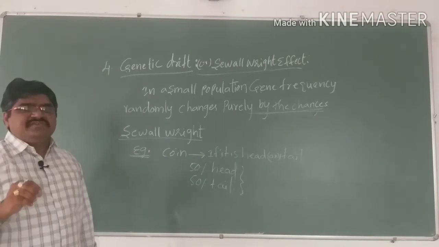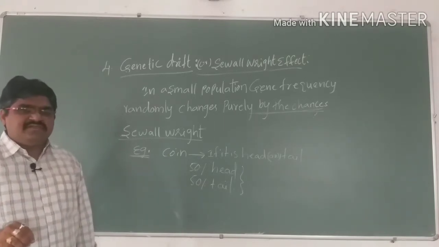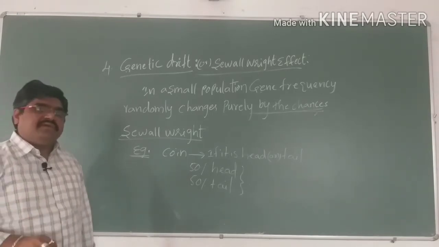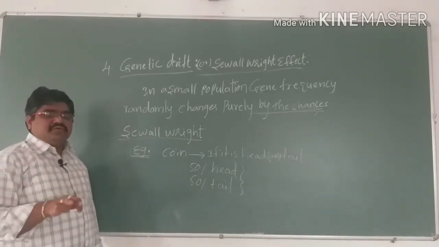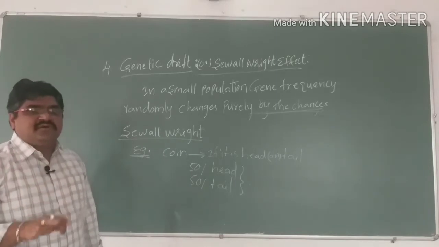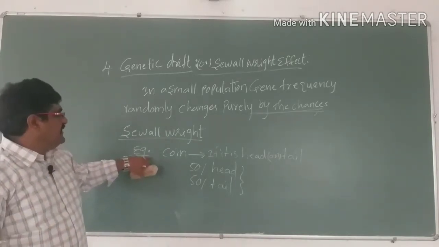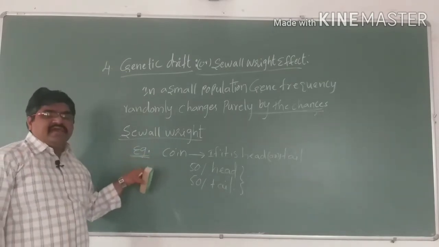Gene frequency means the ratio of alleles present in a population, and that changes purely by chance. That is the example explained for the Sewell Wright effect.